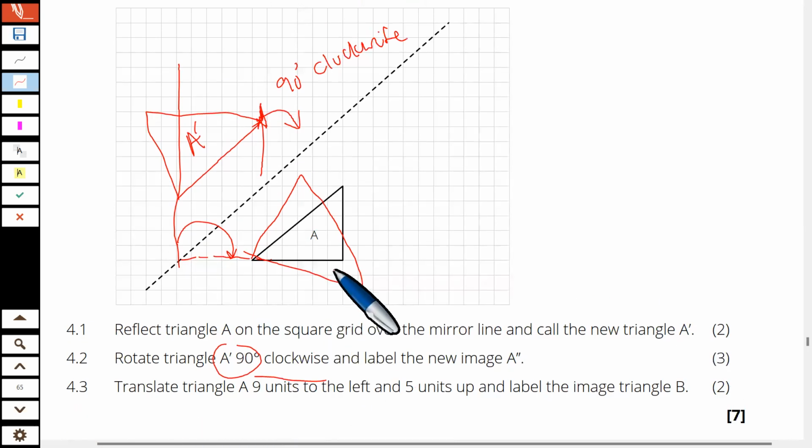Let's move A 9 units to the left. So in other words, you're going to move A that way. Let's start here. So that's going to be 1. Okay, so it must go to the left. So let's start. 1, 2, 3, 4, 5, 6, 7, 8, 9.